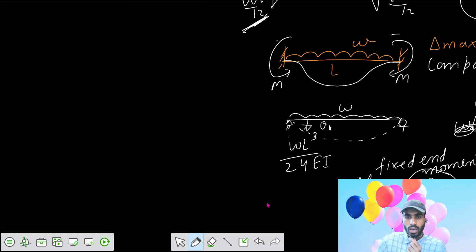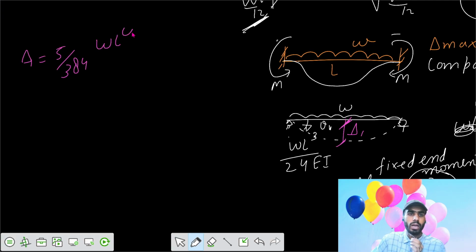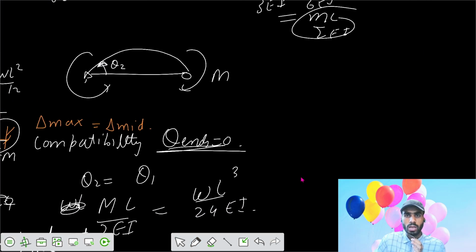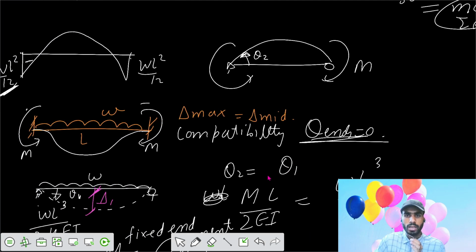Let's say the simply supported beam deflects by an amount delta 1. We know that delta 1 for a simply supported beam equals 5 WL to the power 4 by 384 EI. You have one more beam because of the fixed end moments developed.